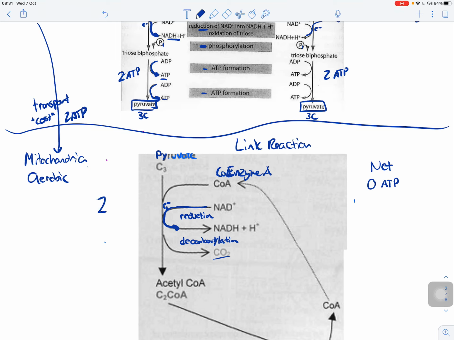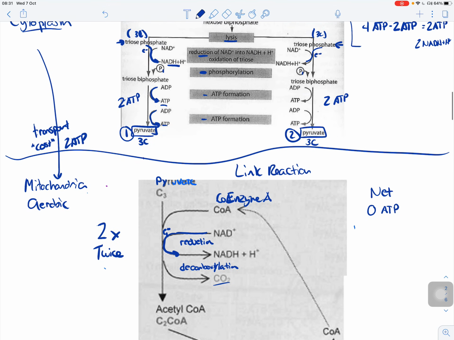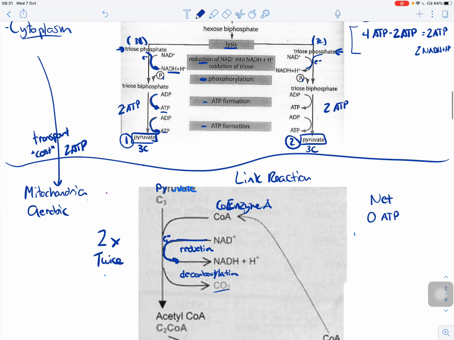Now remember, this happens twice, right? Because we have one pyruvate here, we have another one there. So it happens twice. So looking at this, we had 0 ATP. We didn't make any more ATP here, but we get a total of 4 NADH H plus ions, right?